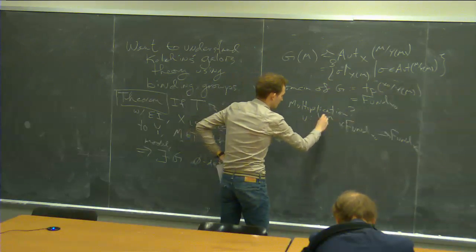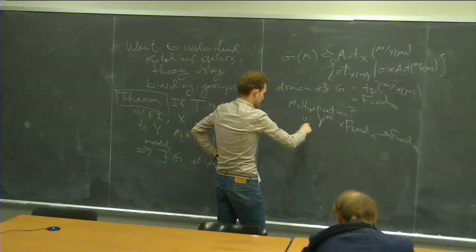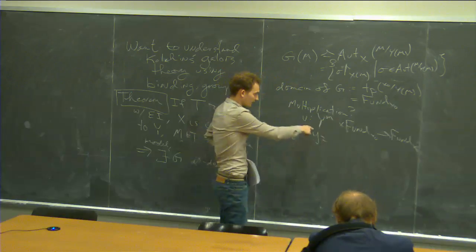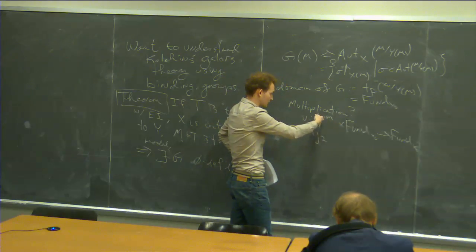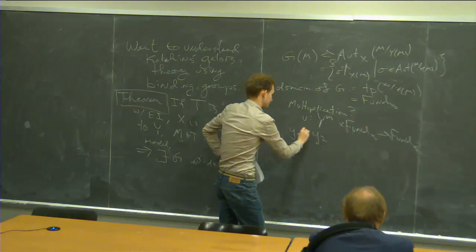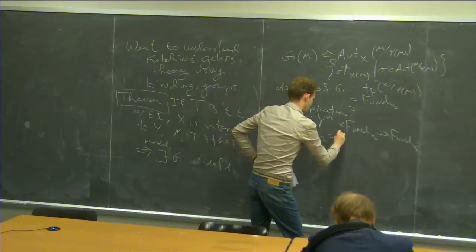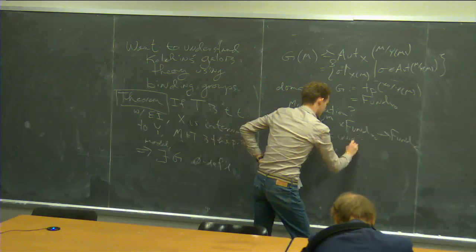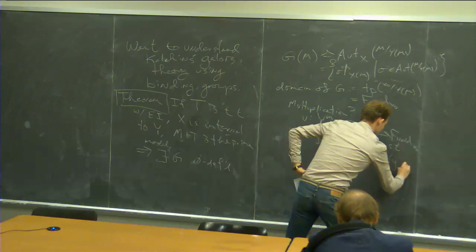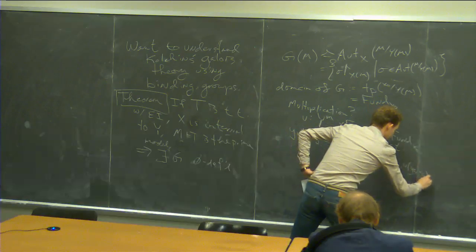So if I had two elements y1 and y2, assuming by replacing with the quotient that this map on fibers is injective, then we define y3 as the unique element such that u(y3, X_0) equals u(y1, u(y2, X_0)).